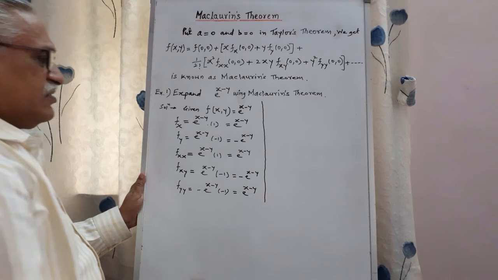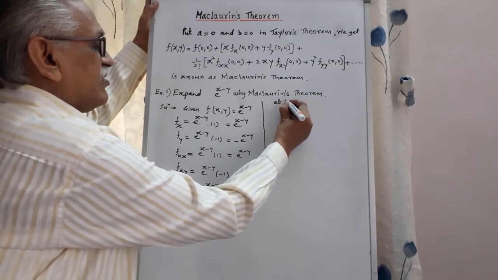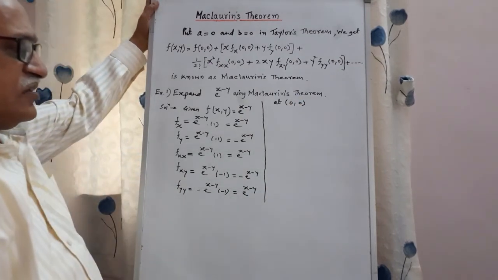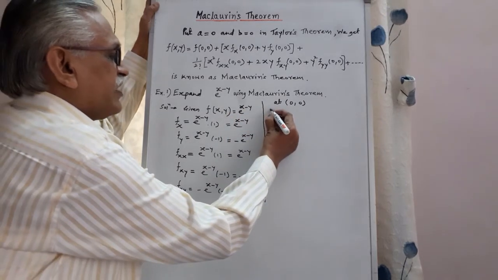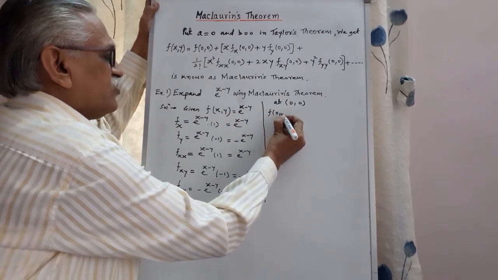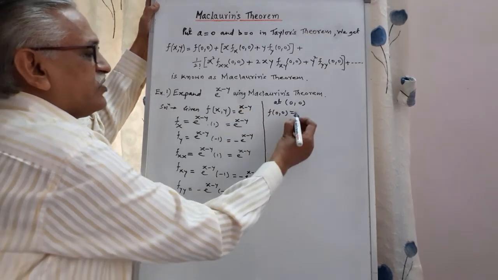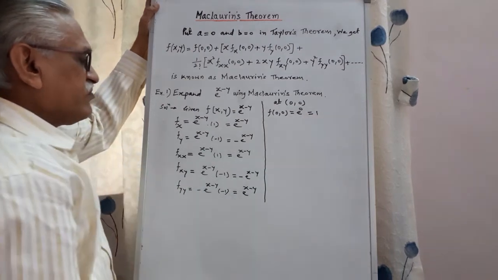Then we calculate all these values at (0, 0). At (0, 0) means x equals 0 and y equals 0, and if we put that, we get the value of f at (0, 0) as e raised to 0 minus 0, that is e raised to 0, and e raised to 0 is 1.